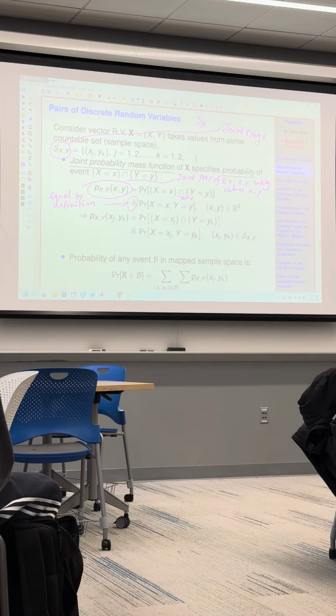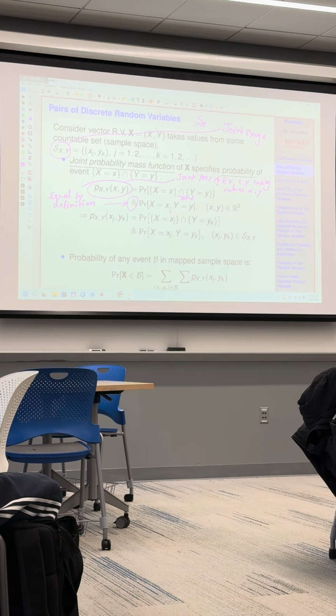So the difference between this line and this line is that you have to write "and", which is a cap symbol. So in short, for convenience, people write it as a comma. When you see a comma, this means "and". Is that clear? When you see a comma, X equals x, and I remove this curly bracket just to simplify.